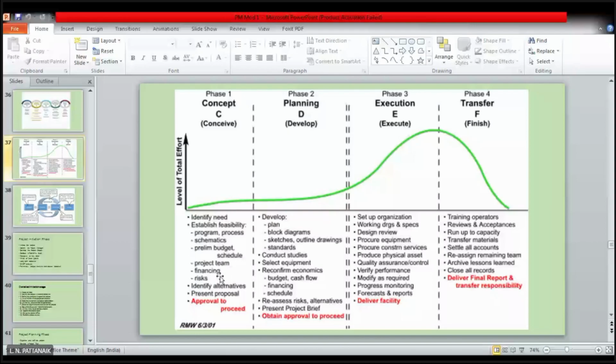So program, process, schematics, preliminary budget, schedule, project team, financing, risk, identify alternatives, present proposal. Then finally, the red color is approval to proceed. As I said, in each and every stage, particularly in the first and the second stage, you need some kind of approval, some kind of green signal to proceed.